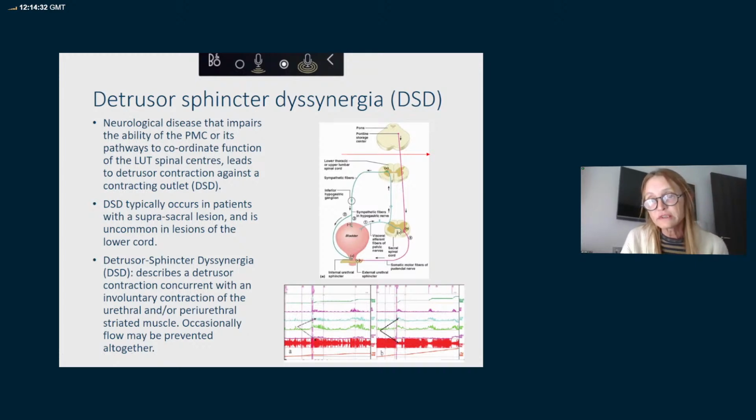Detrusor sphincter dyssynergia, as defined by the new standardization committee, describes a detrusor contraction concurrent with an involuntary contraction of the urethral and or periurethral striated muscle, and occasionally flow may be prevented.